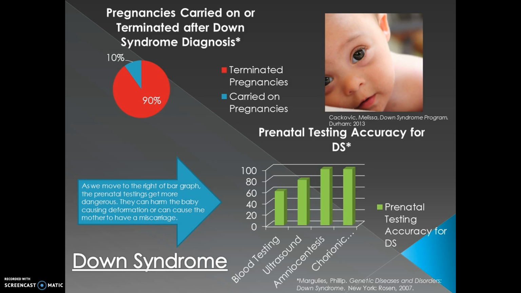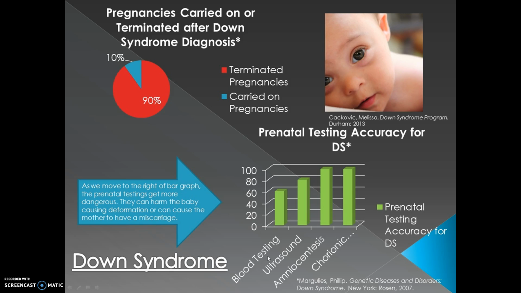But what's interesting is once you combine it with this, right, we have synthesis. As we move to the right of the bar graph, the prenatal tests, or the tests done before the baby's born, get more dangerous. They can harm the baby, causing deformation, or can cause the mother to have a miscarriage, okay? So she's found statistics on 4 different tests that can give you a Down syndrome diagnosis.